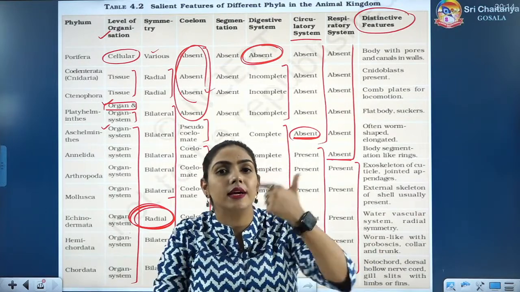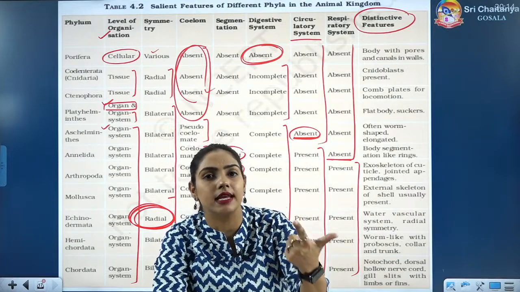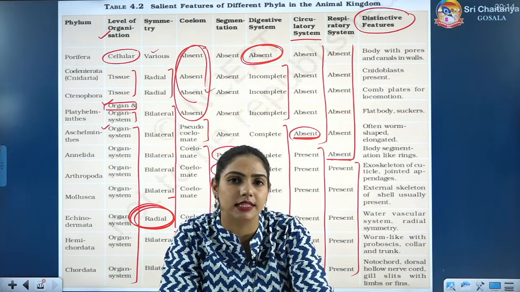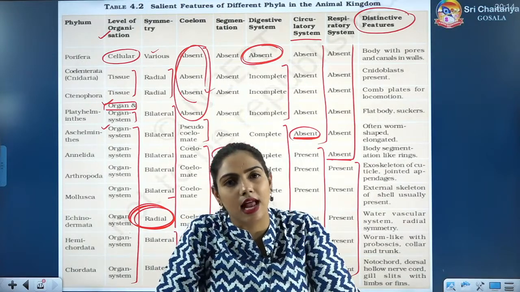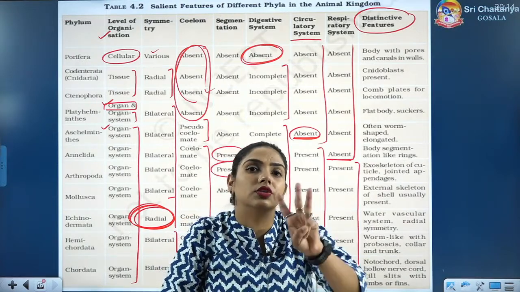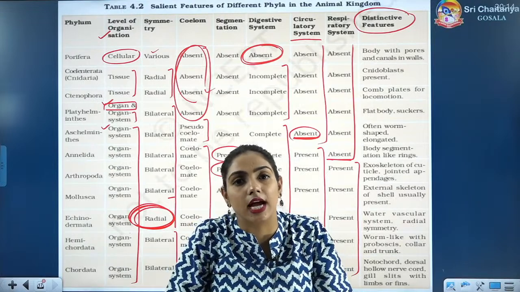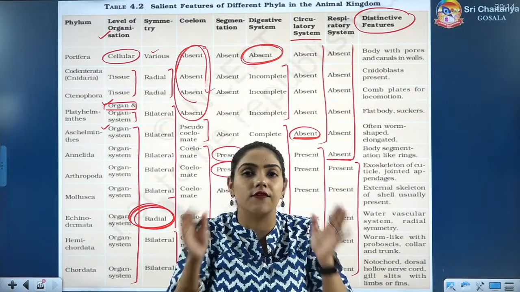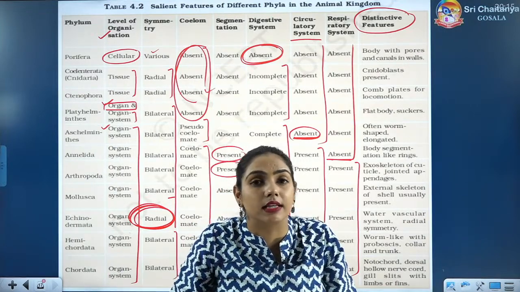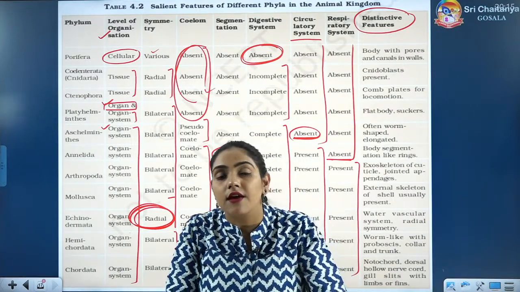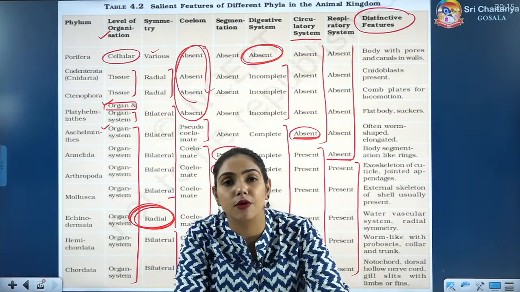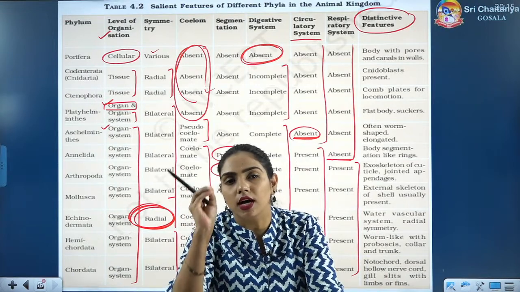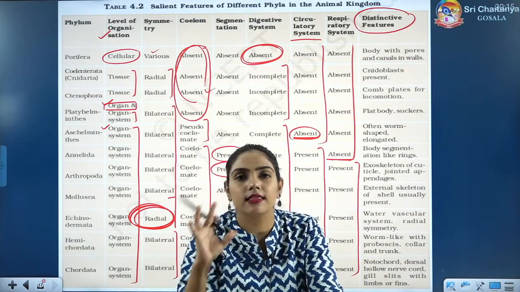Okay. So in our upcoming next zoology class, we will be starting the phyla in detail, and in the very first class, I will be talking about the three phyla Porifera, Coelenterata and Ctenophora. So please don't miss all these classes if you want to understand animal kingdom completely, because when you understand animal kingdom from NCERT, then you will be getting 12 marks for sure in the NEET exam.